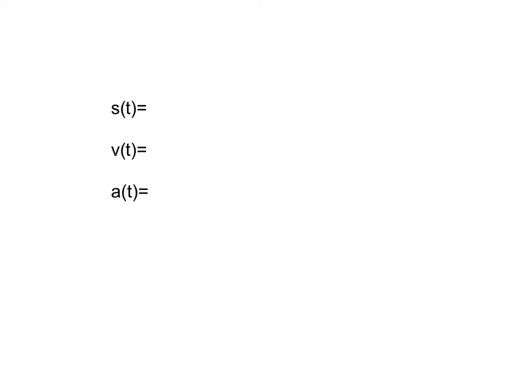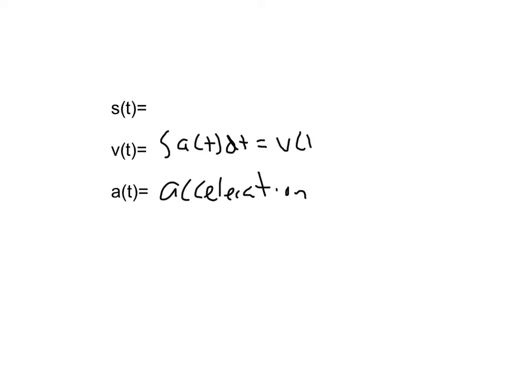So if I were to start with A of t, which is still acceleration, I could integrate my acceleration function with respect to t to get my velocity function. I could integrate my velocity function to get my position function.